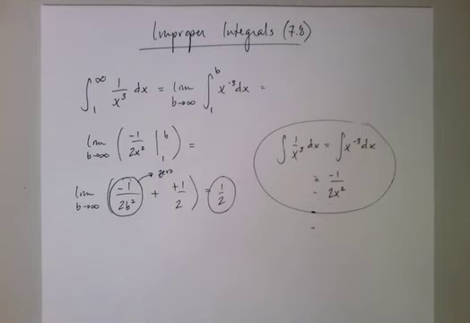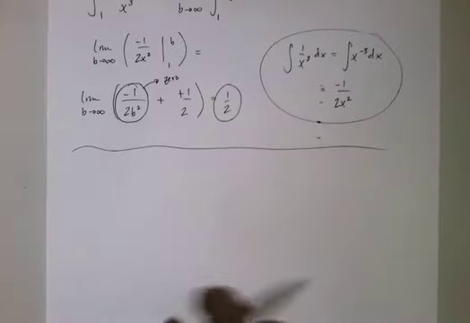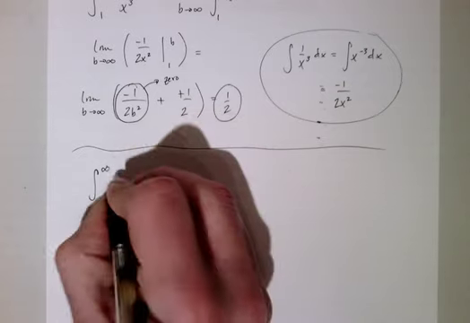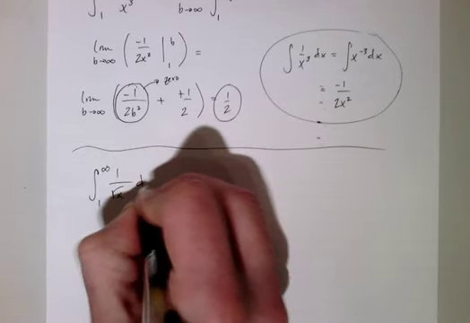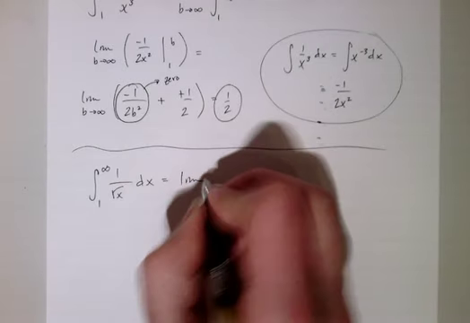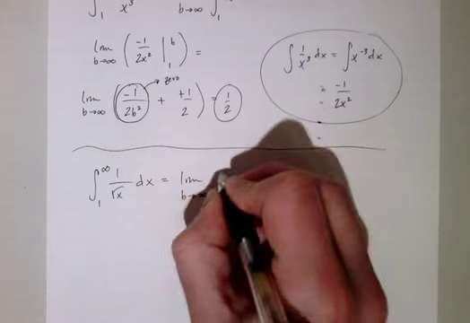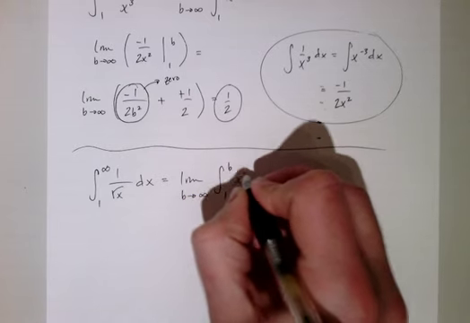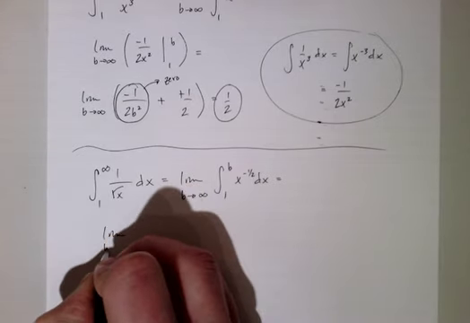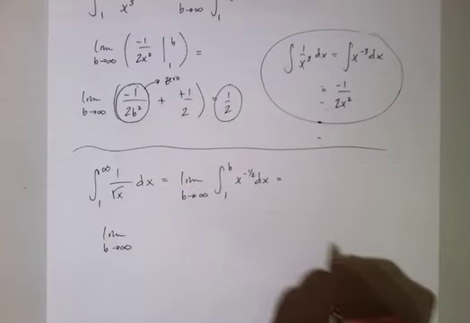But what you're going to find out is that not all of these actually wind up going to a specific number. Some of them actually don't, okay? So let's take a look at, I don't know, the same interval, and let's do it for root x. If I have the limit as b goes to infinity of the integral from 1 to b of x to the negative 1/2 dx, my integration should be relatively straightforward.